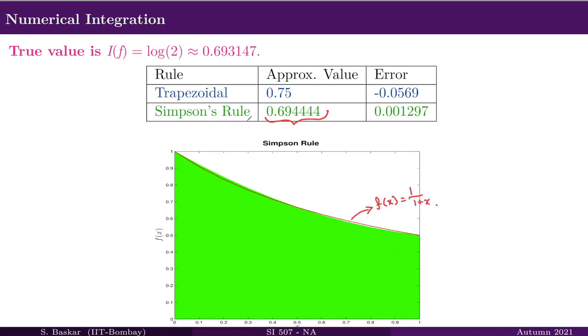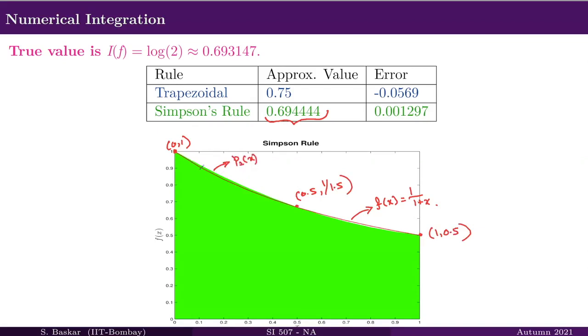What Simpson's rule does is fit a quadratic polynomial interpolating the points 0, 1, then 0.5, 1 by 1.5, and 1, 0.5. That is indicated by this green curve P2 of x.